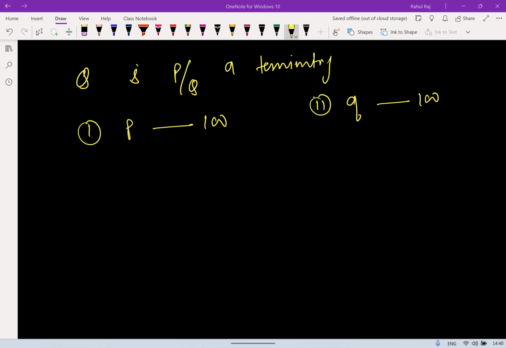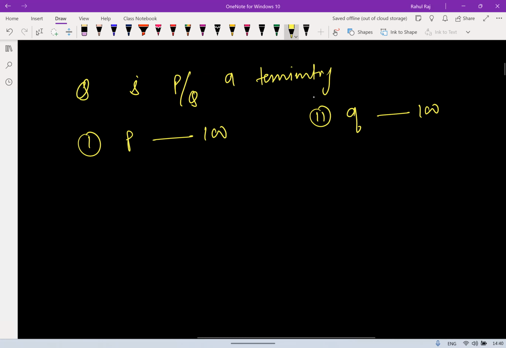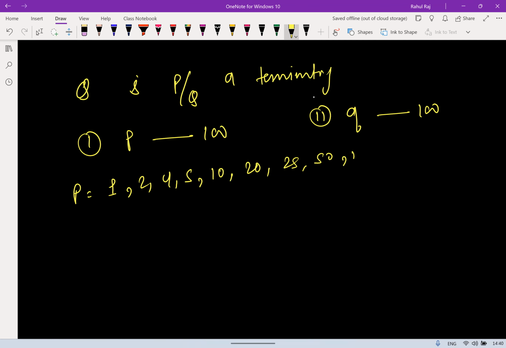Option number 1 says P is a factor of 100. Option number 2 says Q is a factor of 100. So if P is a factor of 100, what does this mean? All the numbers that divide 100 and leave remainder 0. I can say P can be 1, 2, 4, 5, 10, 20, 25, 50, and 100. These are the values that I can consider for P.